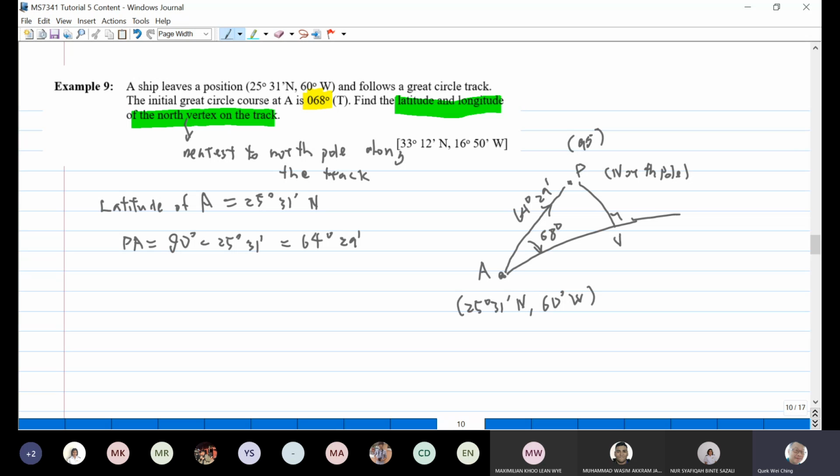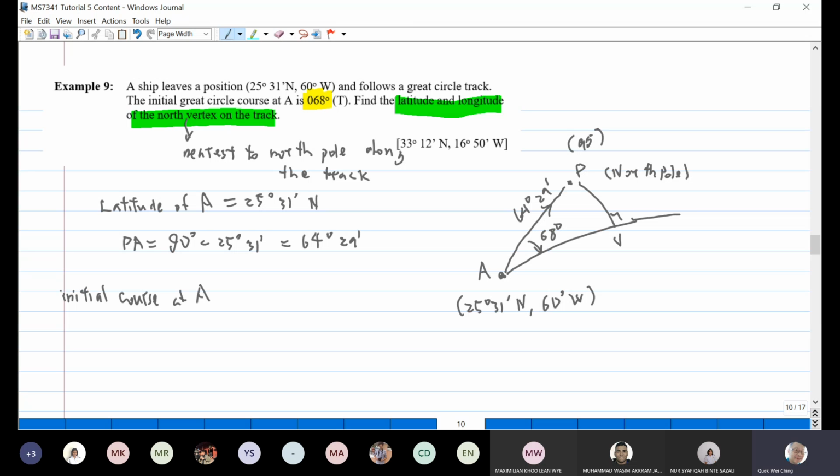Now what is the initial course at A? You can see the angle A here. The initial course is the direction they move. You can see the angle: it moves from north towards the east, 68 degrees.